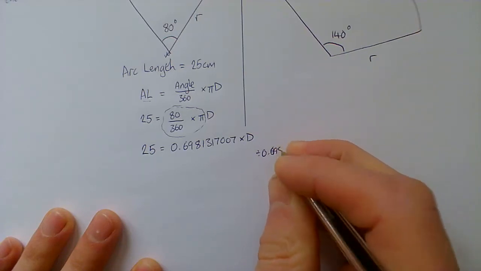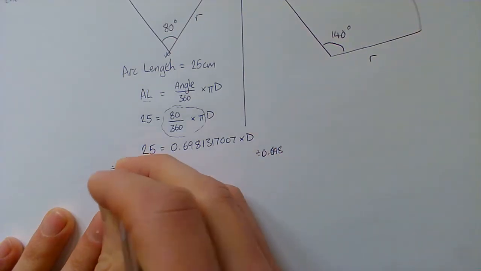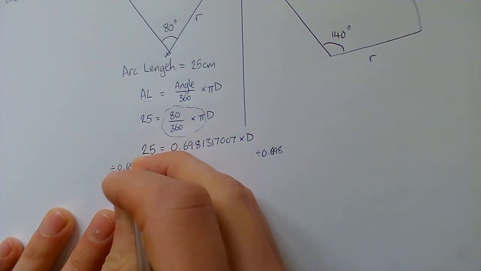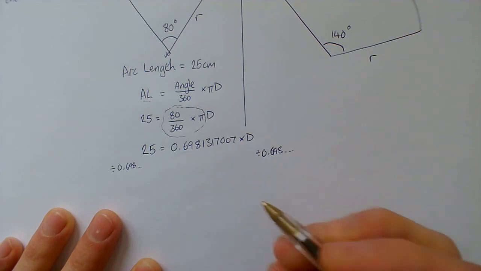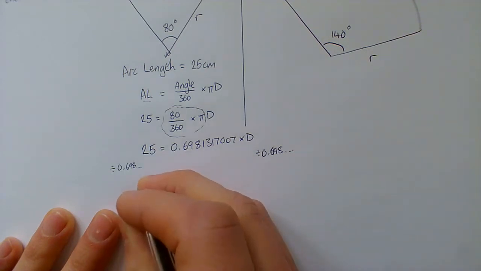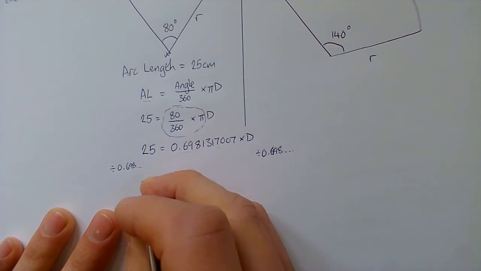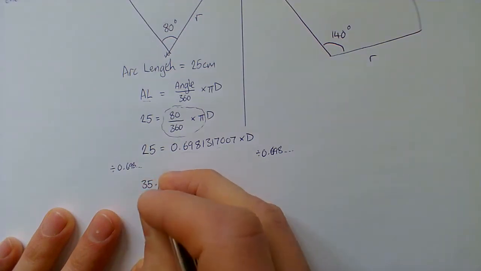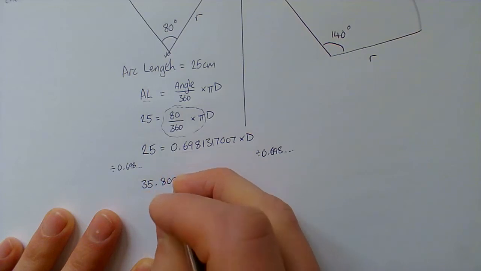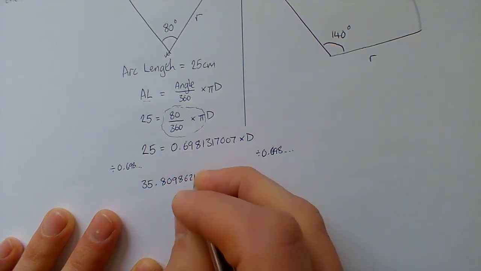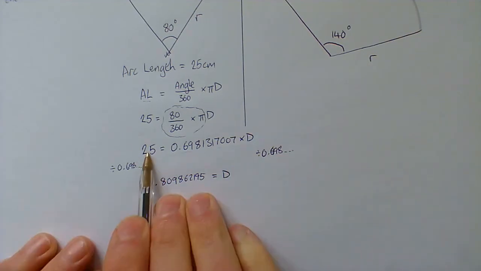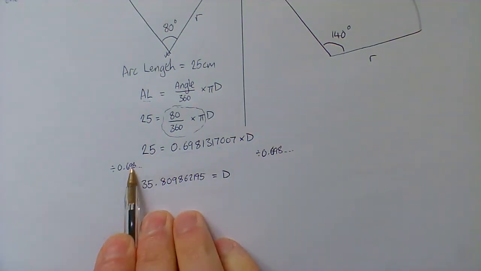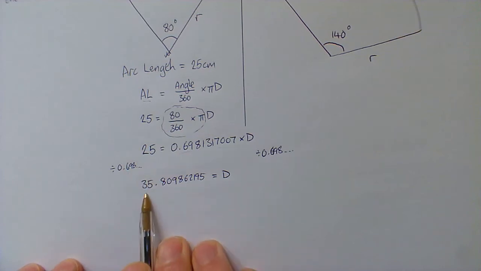So dividing both sides here by that 0.698, etc. And as I say, keep all the accuracy. You're going to have to divide by that whole thing. So doing that, we get 35.809862195 equals d. So I've just divided 25 by 0.698, etc., and we get this number here.